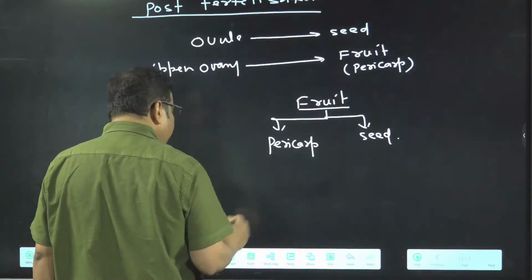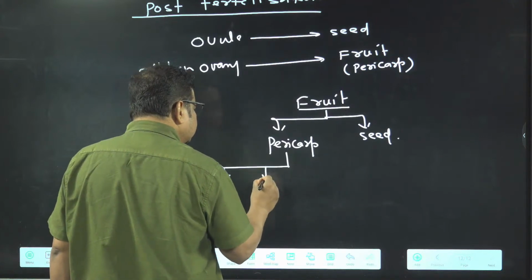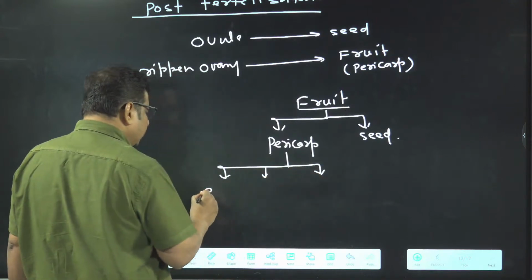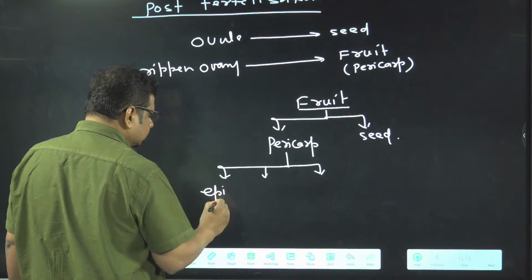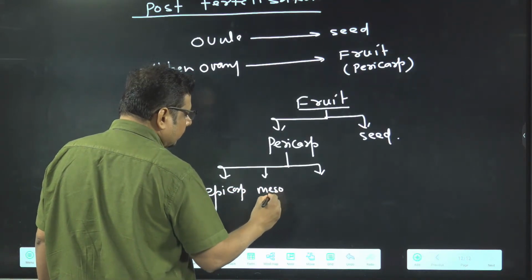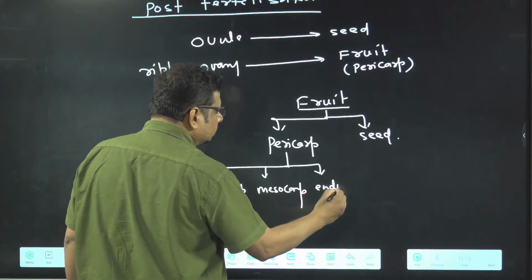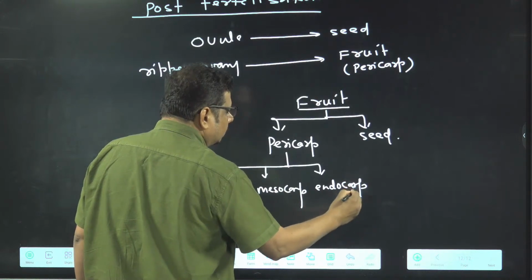And if you talk about pericarp, it has 3 different layers: epicarp, mesocarp, and endocarp. Right.